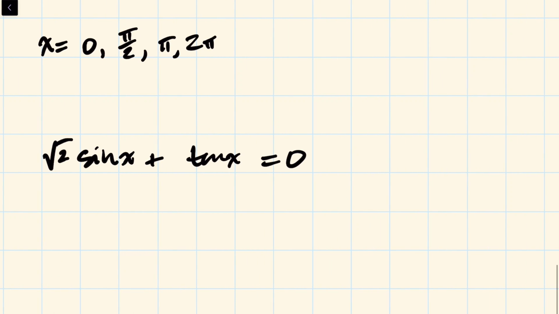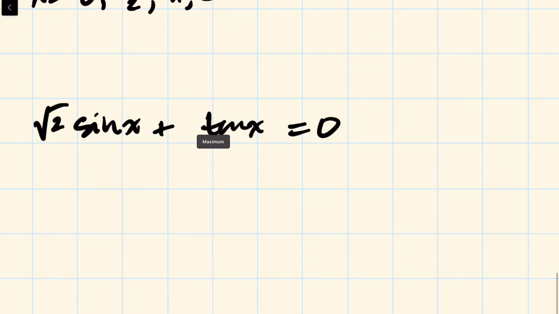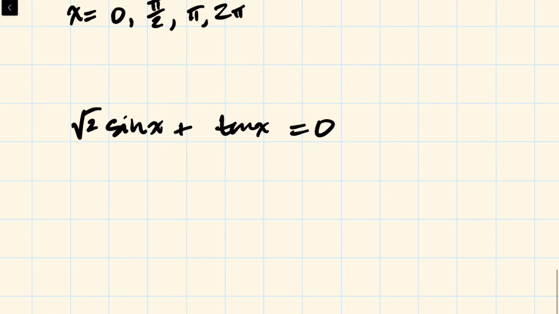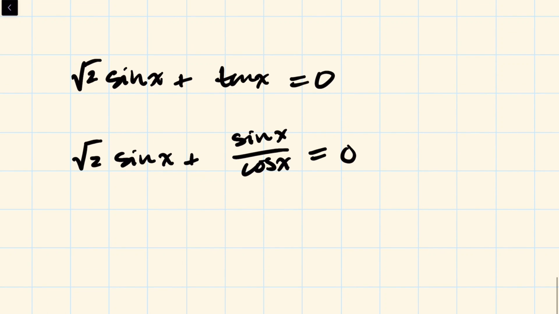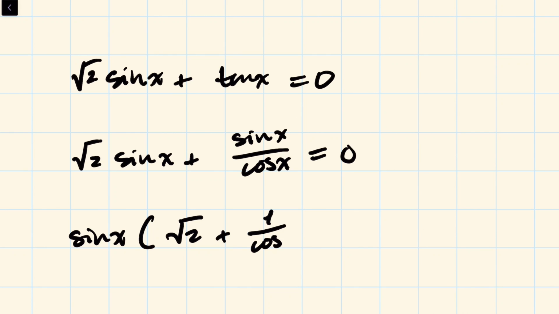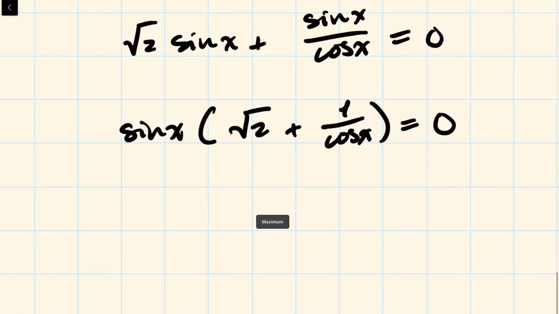Okay. So I don't like these two distinct things here. This is going to make it very difficult. So I'd rather switch this tangent x into sine x over cos x. And the reason I'm doing that is so I can factor out a sine x. Right? And in my brackets now I have root 2 plus 1 over cos x, and that's equal to 0.